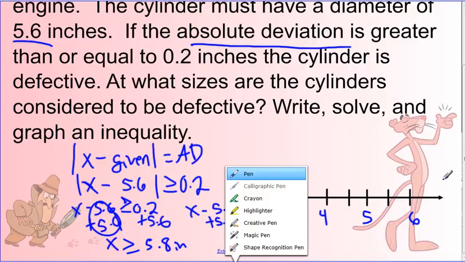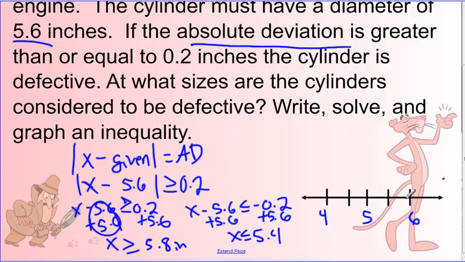Alright, so 5.8 is like here. 5.4 would be like here. So we need a solid dot at 5.4. Solid dot at 5.4 shaded less than. So anything down here is considered defective, considered bad. The engine won't run if the cylinder is less than 5.4 or even equal to 5.4.